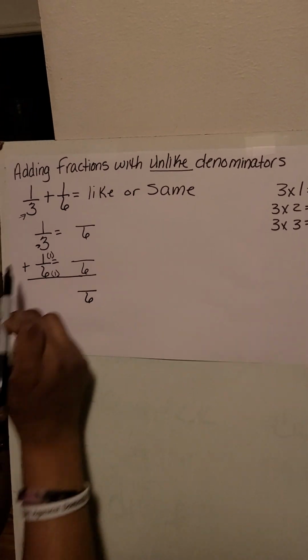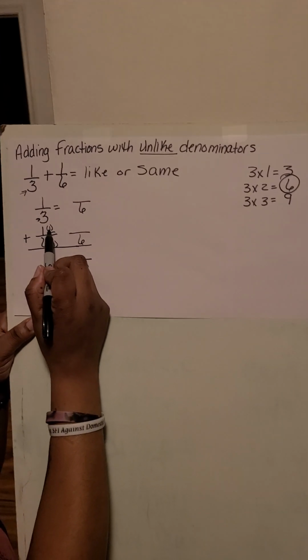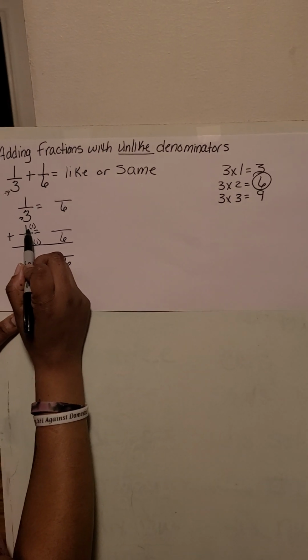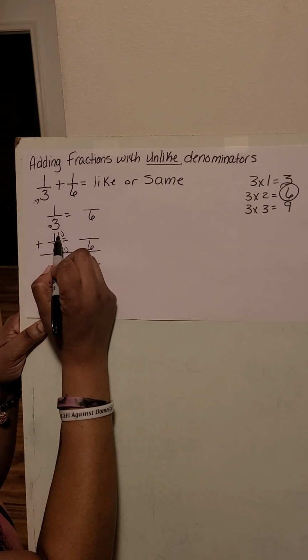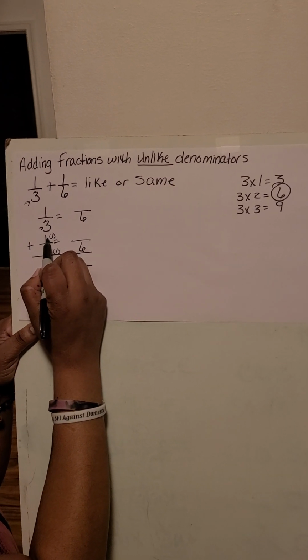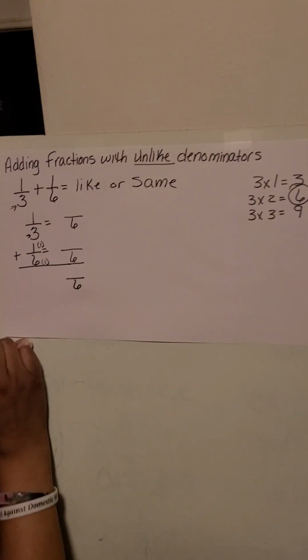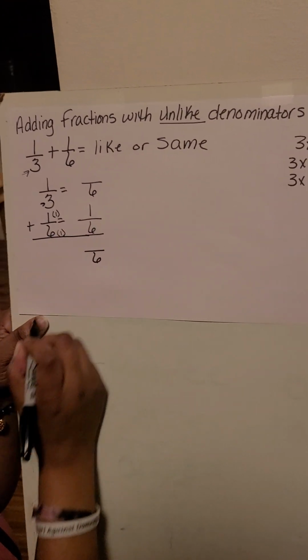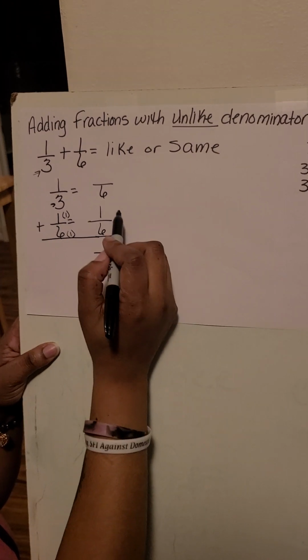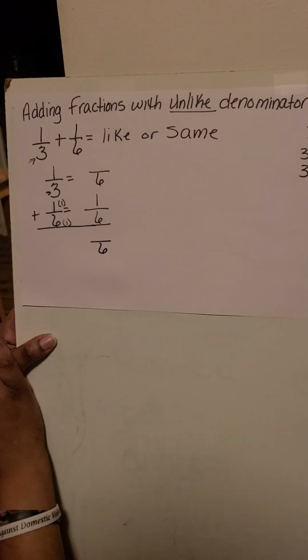For me, I find that it's easier to put a number in parentheses versus writing the X and then the number. This is just a little bit cleaner. So now we know that we're going to multiply 1 times 1, and that is going to give us our new numerator. 1 times 1 is 1. We've figured out the bottom part of our fraction.